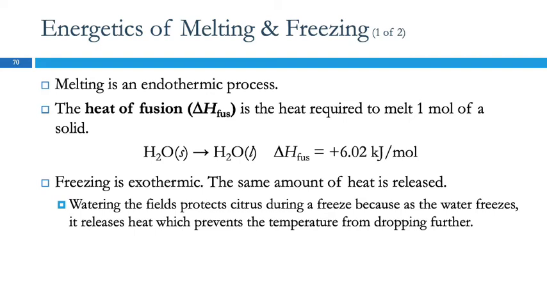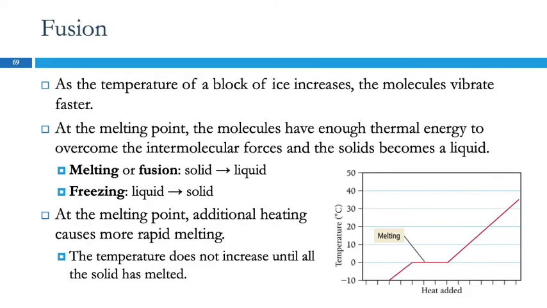Well, a rather effective way is to water the fields. So you put a lot of water out there, and what happens as the air temperature goes down, that water will begin to freeze. But remember this heating curve? We're going the other way now. The temperature's going down.